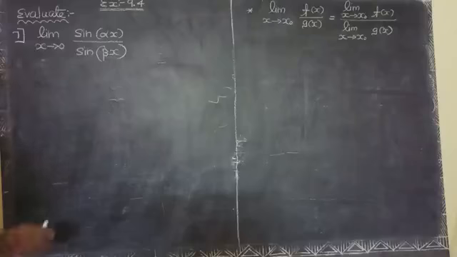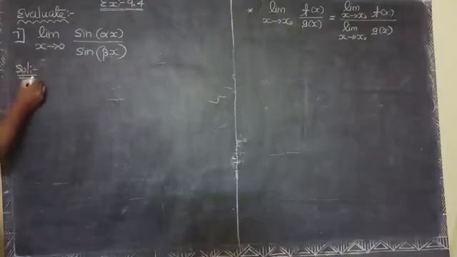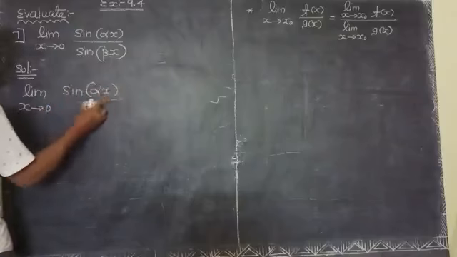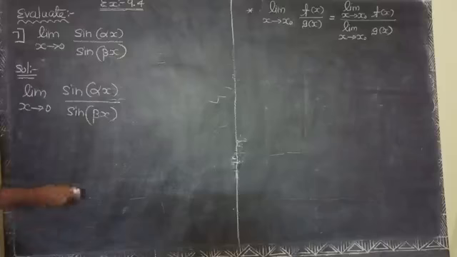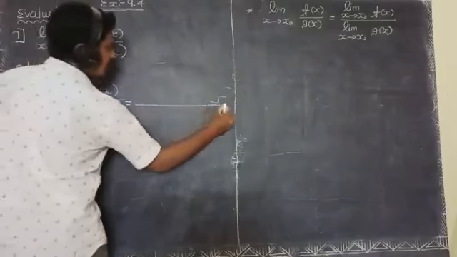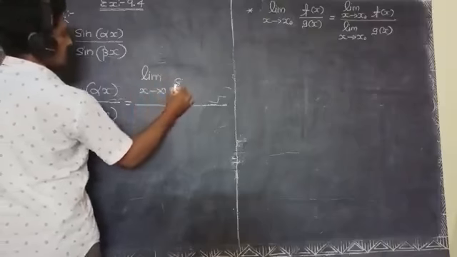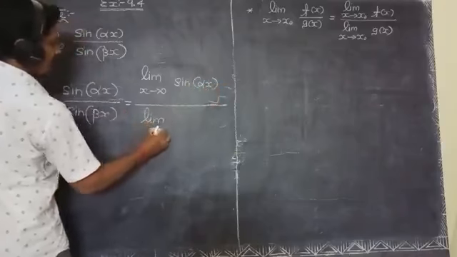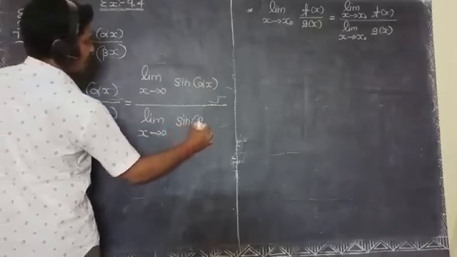Similarly, with the same procedure, limit x approaches 0, sin of alpha x divided by sin of beta x can be written as limit x approaches 0, sin of alpha x divided by limit x approaches 0, sin of beta x.